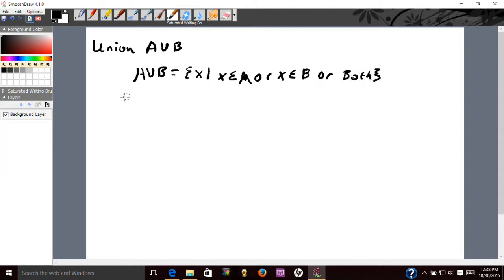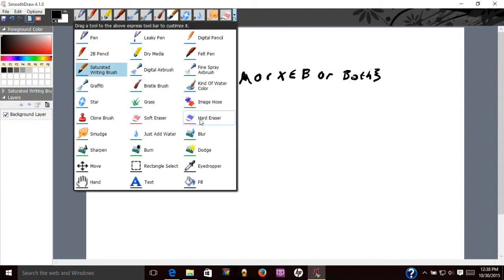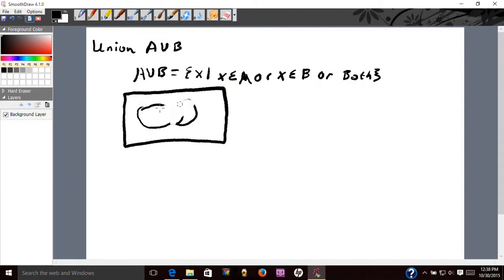So, how would I draw that in a Venn diagram? Well, I've got A here, and I've got B here. Oops, I should have made that a little bit wider. Let's redo that. I want to give you guys a bad Venn diagram here. Back to this one. There we go, that's way better.